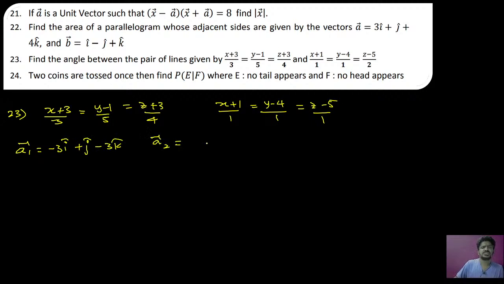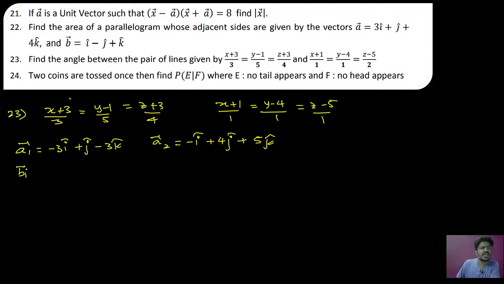Vector a2 is minus I cap plus 4j cap plus 5k cap. Using 3 it is plus 3 cap, using 1 this is plus j cap, using minus 3 it is minus 3k cap, using minus 1 minus I cap, using 4 this is 4j cap, using 5 this is plus 5k cap. We got a1 and a2.